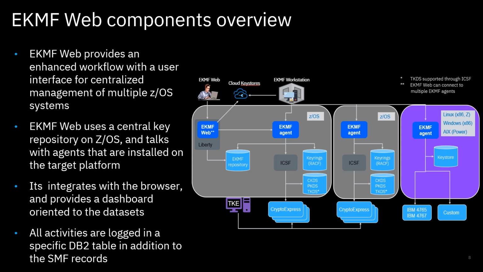It is easy to use because it is integrated with the browser and with a simplified dashboard oriented to the dataset. Then you can have a representation of which datasets are already encrypted, which are encryptable, and which are not encryptable. And also you can create custom searches on your keys.